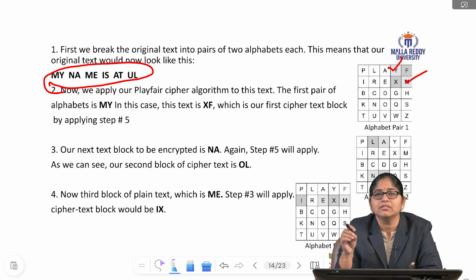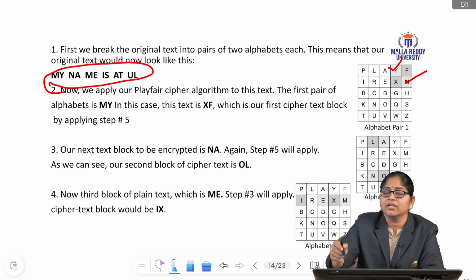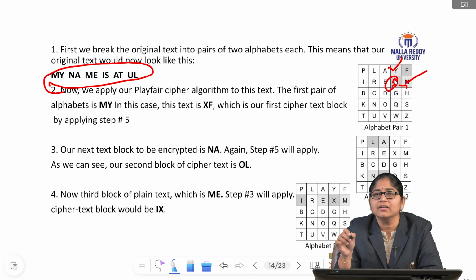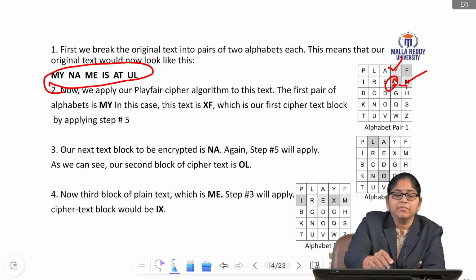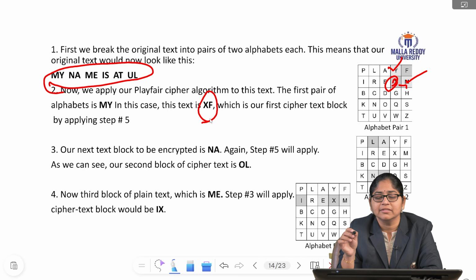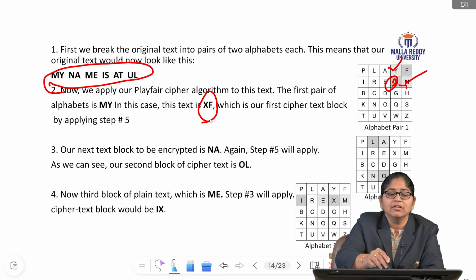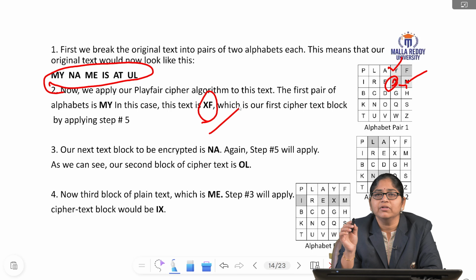So if both letters are present in different row and different column, we need to apply step 5. So the step 5 is we need to consider the next letter X, and that should be exactly present in the column of Y. So we can replace MY with X and F. So the first ciphertext for MY is XF. So next we'll take the second pair.